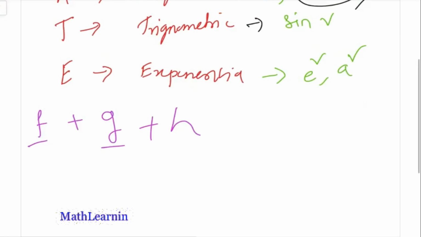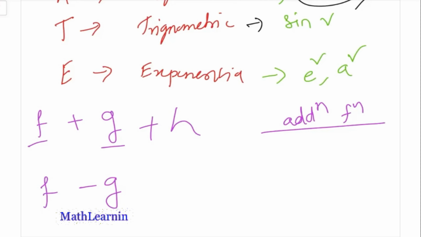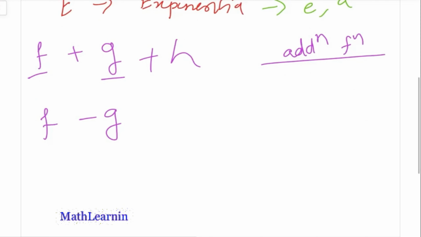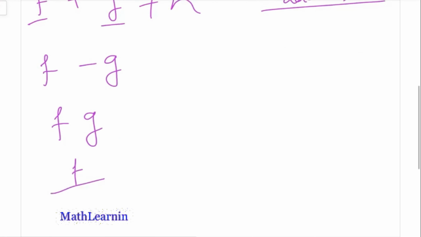This is called addition of functions, and this is also a function. Then we can subtract, f minus g, which is a subtraction function. Then we have multiplication of functions, not just two, more than two also. And then we can have division of functions, provided the denominator is not equal to the zero function.